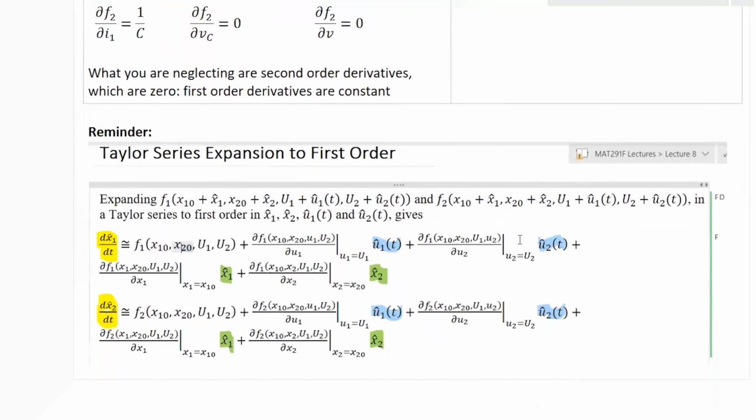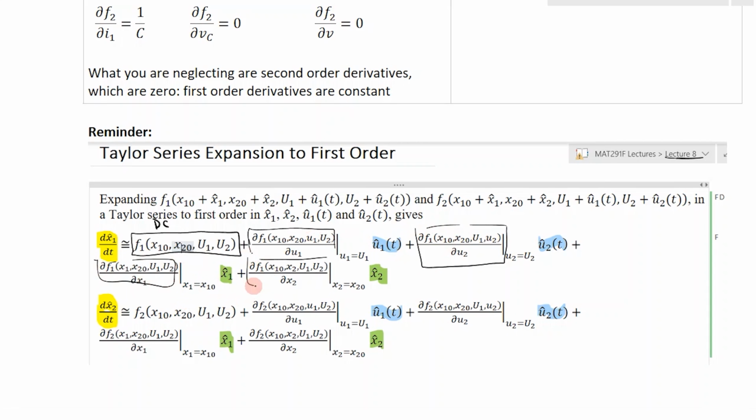Let me show you. Just a reminder, the Taylor series expansion in this multivariable case, this is from lecture slides, lecture 8, is equal to the DC operating point value of this F1, which by the way is 0, but we don't need to worry about that for this particular page, plus derivatives with respect to all the variables involved, so you see U1, U2, and then we have X1, X2, everything, all derivatives, times their corresponding perturbation.